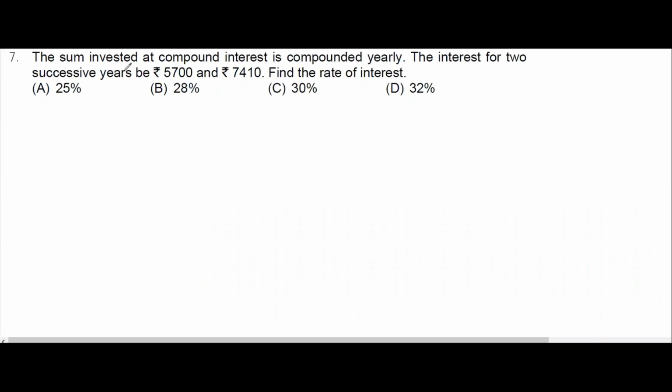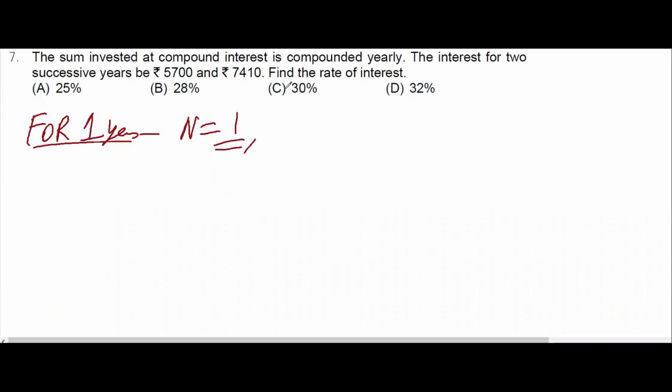So the sum invested for compound interest is compounded yearly. The interest for 2 successive years is 5700 and 7410. So it is talking about successive 2 years. For the first year, what will be my N? For 1 year, your N will be 1.